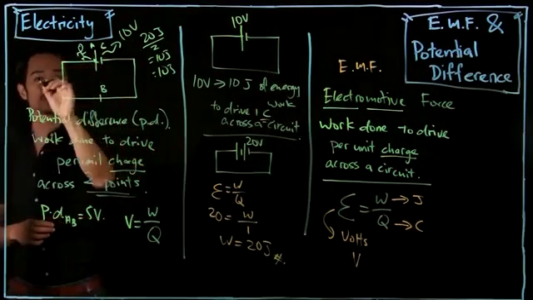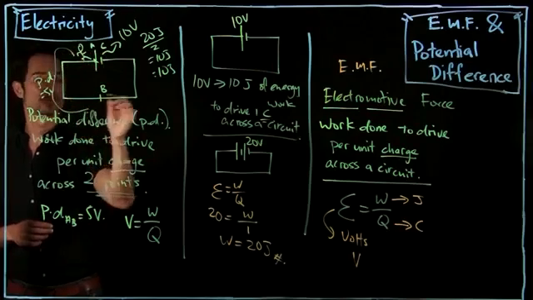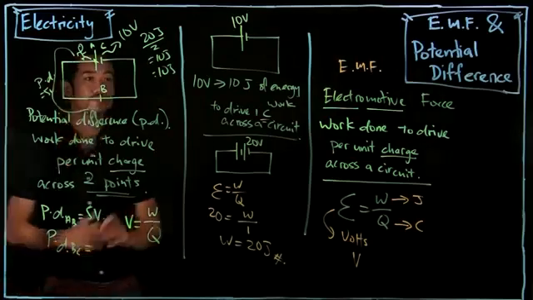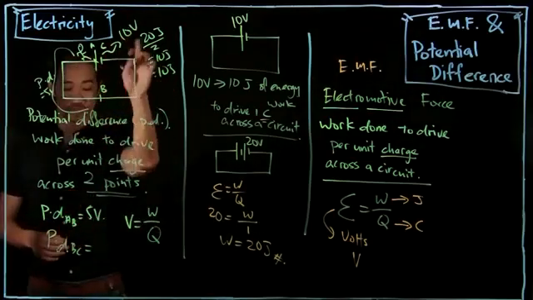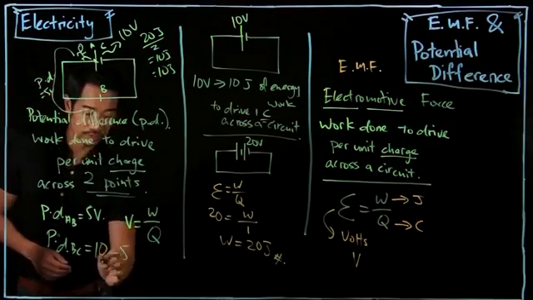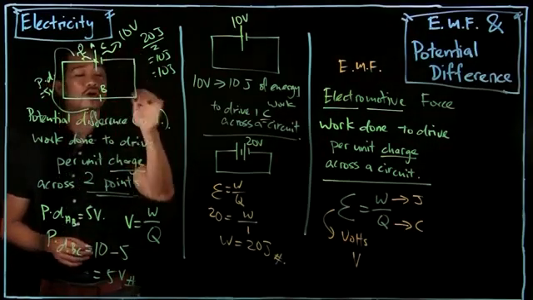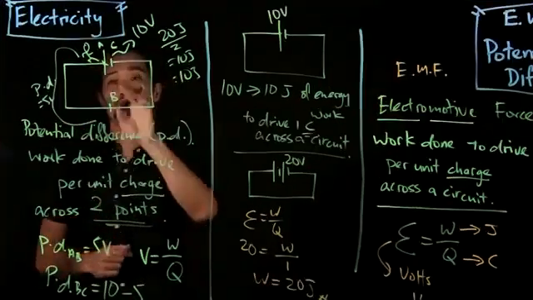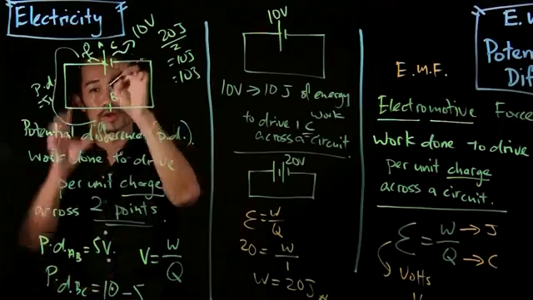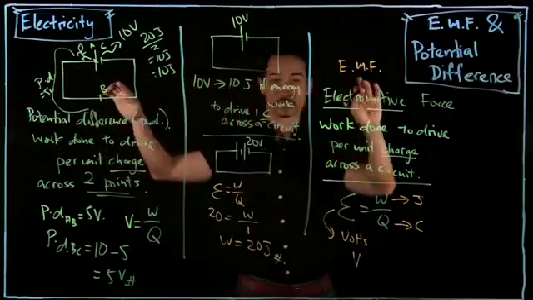If the PD from A to B is 5 volts, then what is the potential difference from B to C? You take the total, 10, minus away this part, 5, and then you get 5 volts. So PD from B to C is also 5 volts. Conversely, if you know the potential difference from here to here, and from here to here, you add them together, which is the entire circuit, and you get EMF.